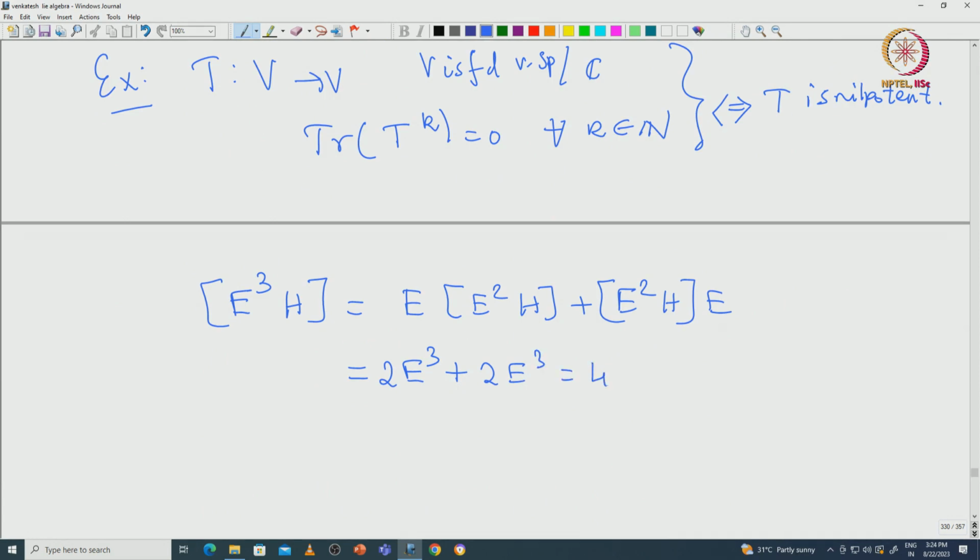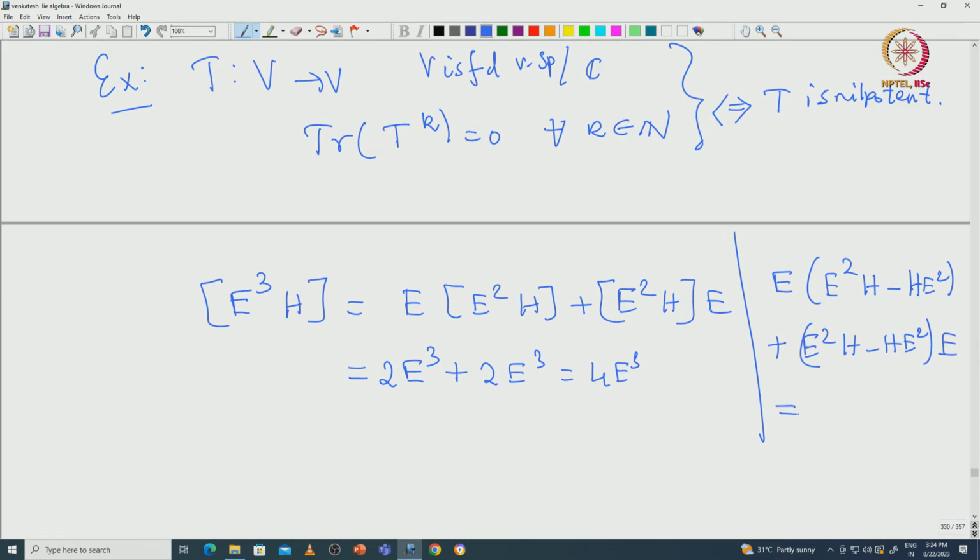So, you get 4 E cube. For this you can simply see that E into E square H minus H E square, plus E H minus H E into E square, gives you E cube H. Oh, then okay, maybe I need one more term.